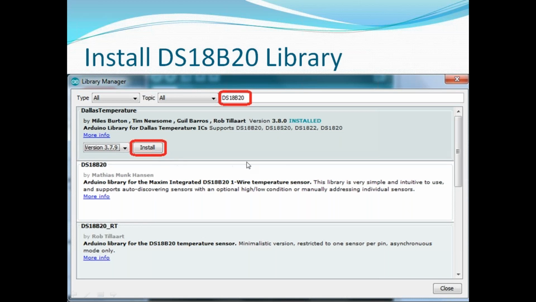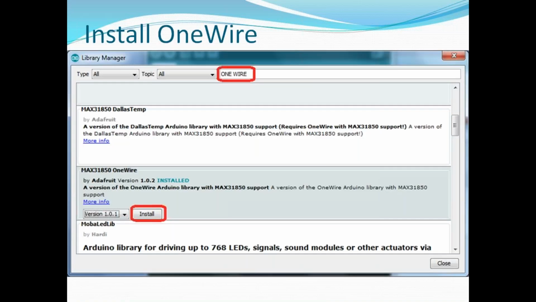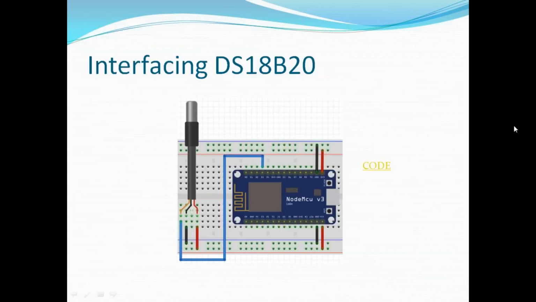Then install it. But after installing DS18B20, we must also install the OneWire library. So next go to OneWire library and install it. This is the circuit diagram for DS18B20 interfacing with NodeMCU.